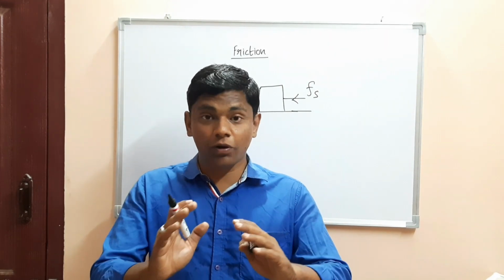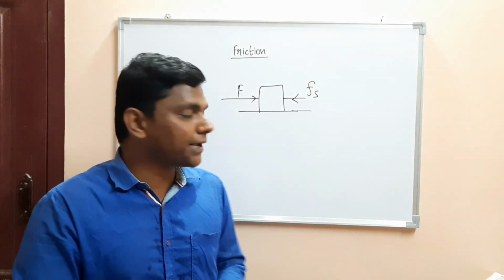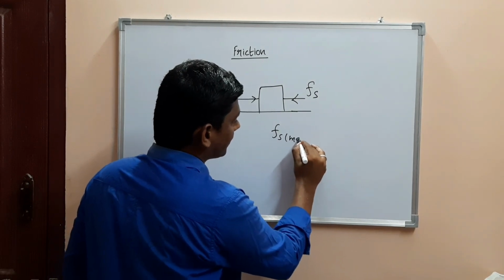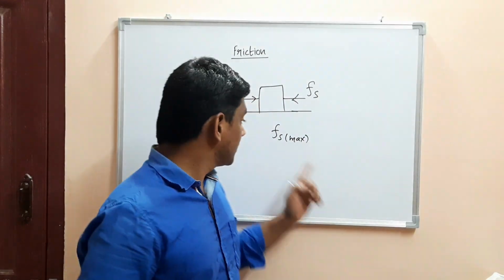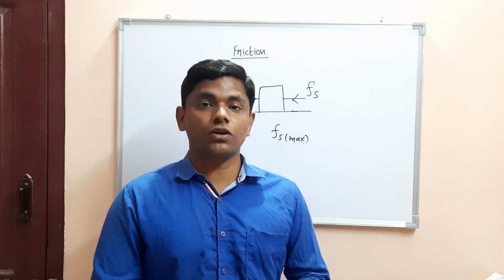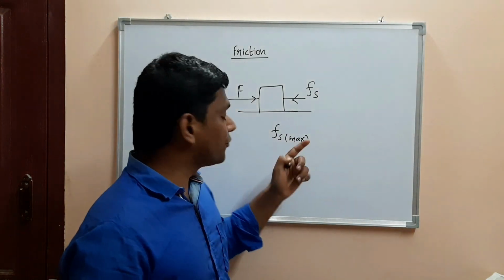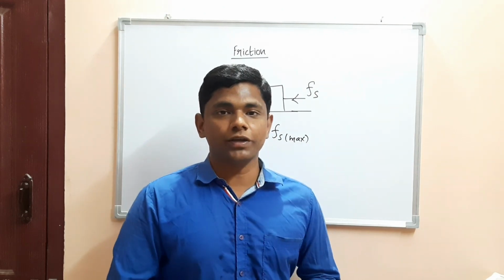At one point of time, the bus starts moving. Just at that point of time, the static friction has reached a maximum value called maximum static friction, or the limiting value of static friction. At this point, the applied force overcomes this force of static friction and then the bus starts moving.